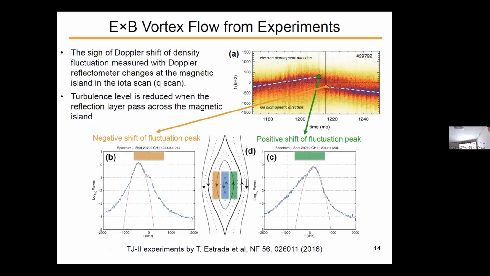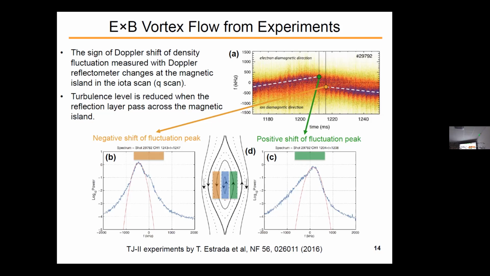And from experiment, I think this is from TJ-II, I hope Carlos is still here. By looking at the Doppler shift of fluctuation, you can map out the radial dependence of the Doppler shift by changing the reflection layer.